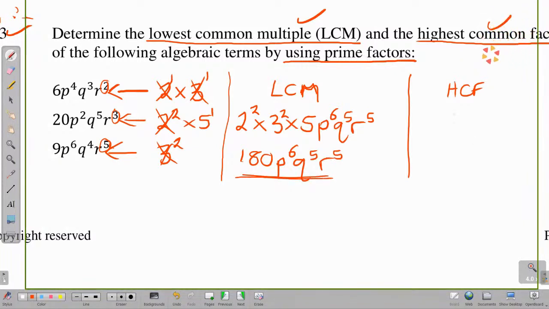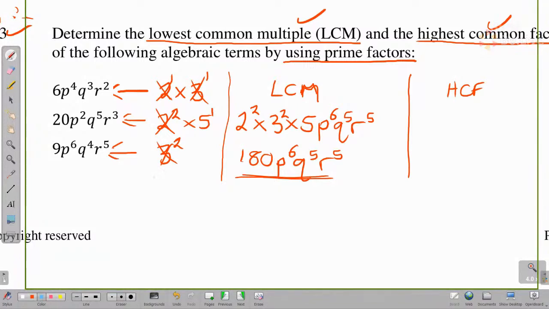Now, what about the highest common factor? It's the opposite now. In as much as we were taking the highest powers, with the highest common factor we are taking the smallest powers. And those smaller powers, the numbers must be common.